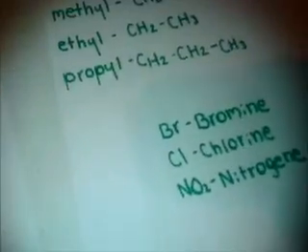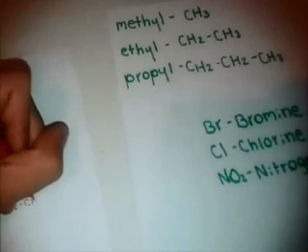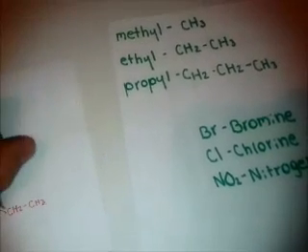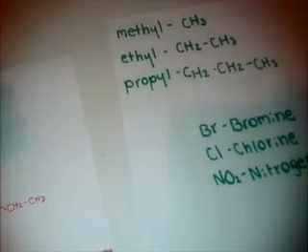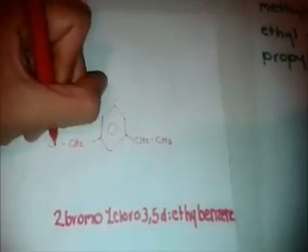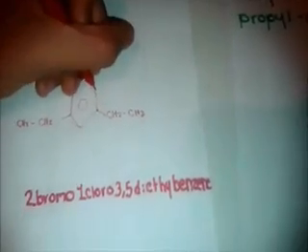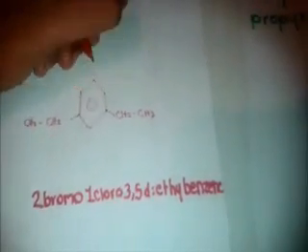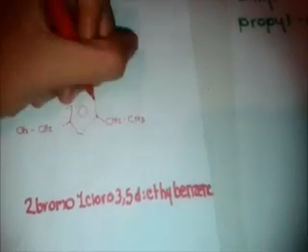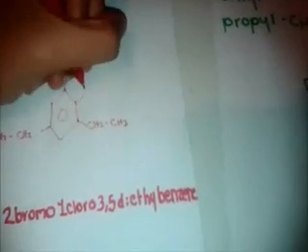It will be ethyl, CH2 CH3. And the other is in the fifth: third, fourth, fifth. It says that in the first one it has the chloride element, and the second has bromine.